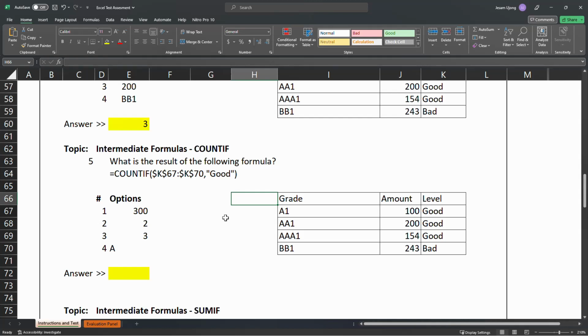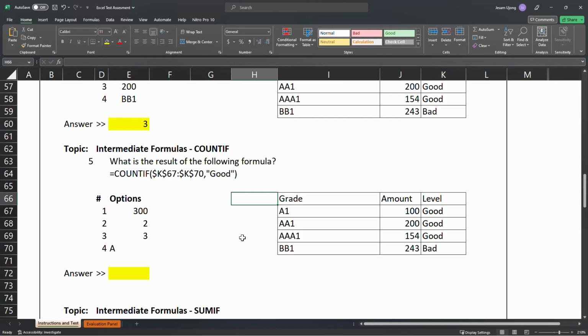What does COUNTIF do? It counts if the desired outcome, good in brackets, is met. So it counts based on certain criteria. If it turns out good, we have to count the total number of good in that data set.